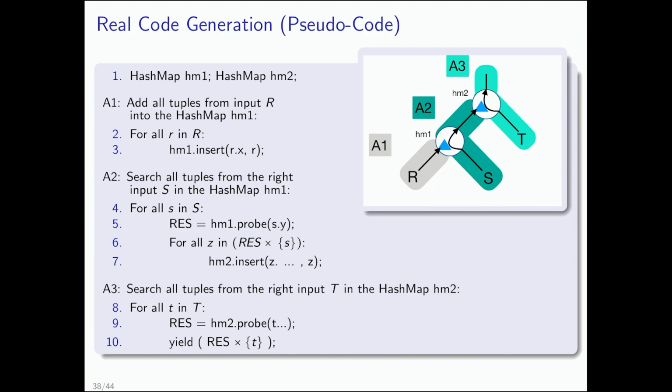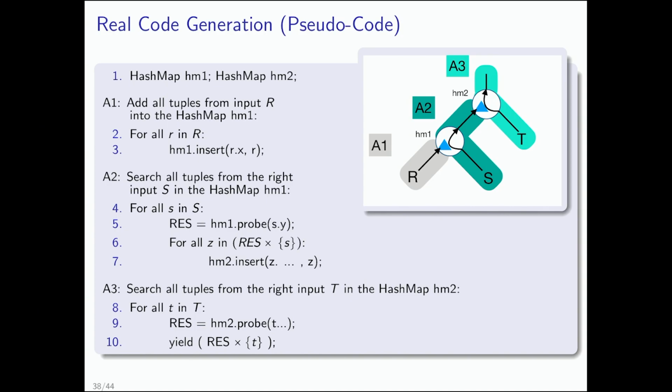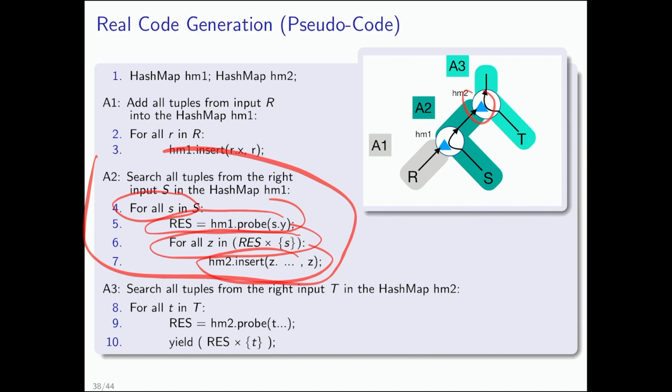Next segment, A2, is this one. For all tuples in S, you probe hash map 1. If that gives a result, you produce something like the cross product thing we discussed before, and insert that into the second hash table here. That gives you the second segment.